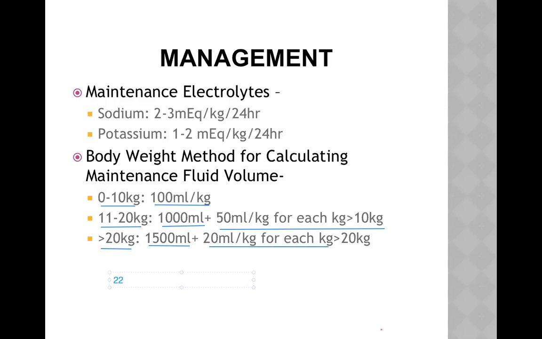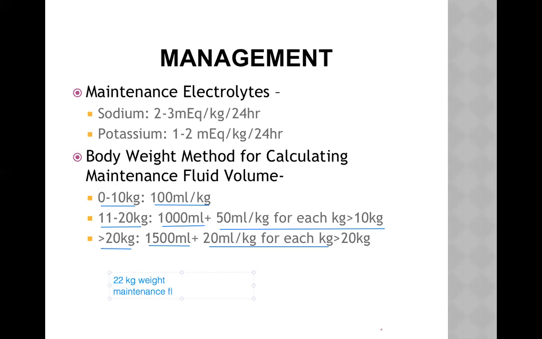Let's say the child which we are examining is 22 kg. The question is, how much maintenance fluid does this 22 kg child need? Let's calculate it now. All of you, you can also try from your side.